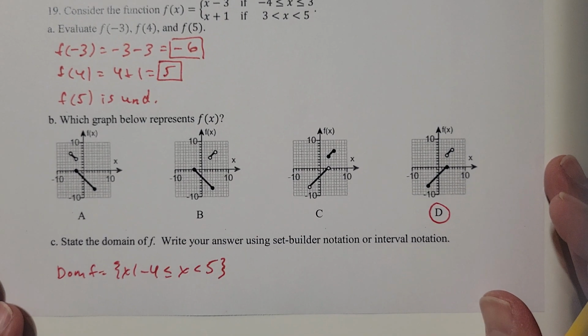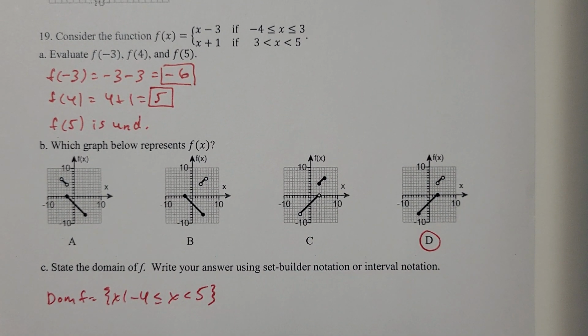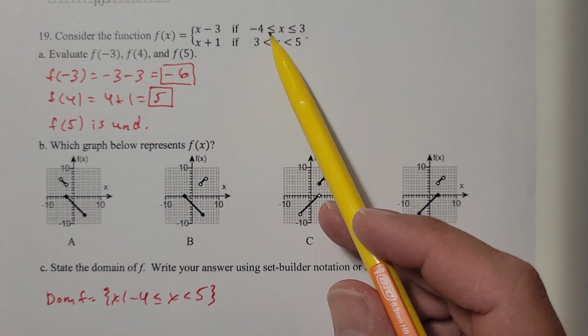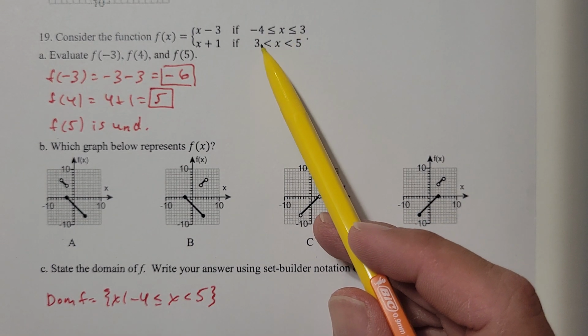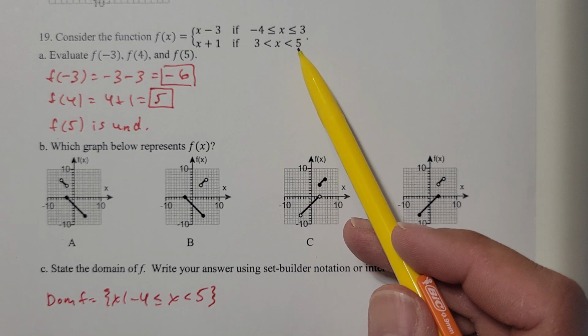But for part C, it says to state the domain of f. The domain is asking for all the x values. Write your answer using set builder notation or interval notation. The conditions on x are that x is ranging between -4 and 3, including -4 and including 3, and then anything bigger than 3 up to 5.